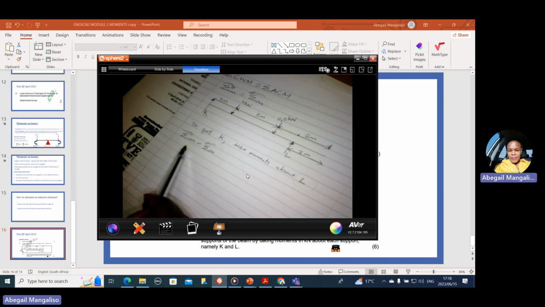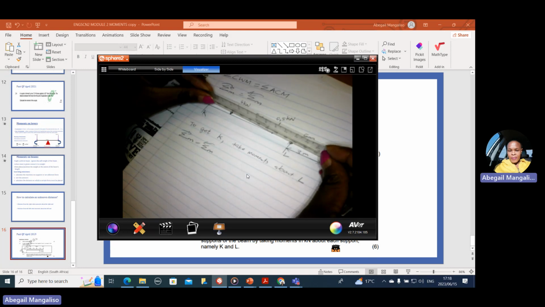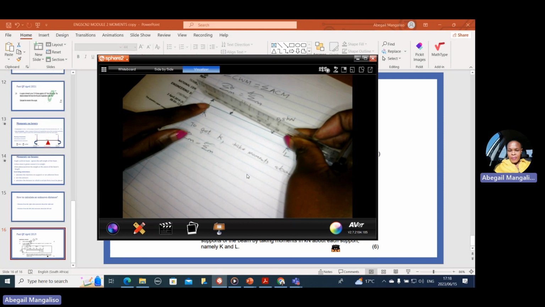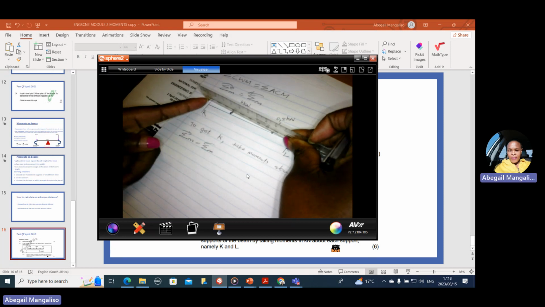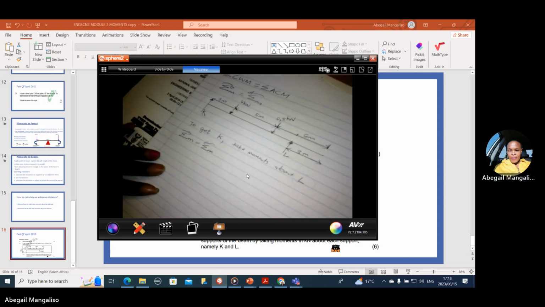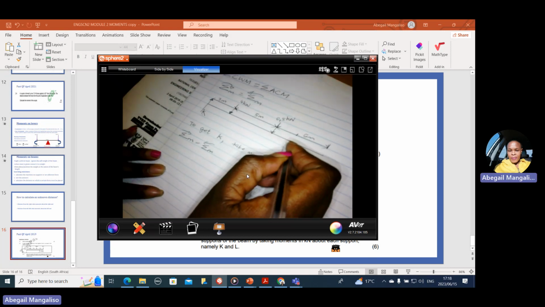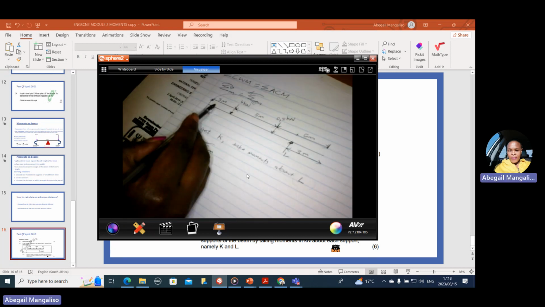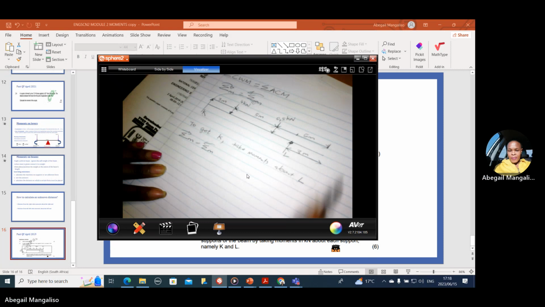This is the structure, this is where L is. If you look at K, the arrowhead is upward and you push it towards the fixed point or the fulcrum. This K is going to rotate this structure in a clockwise direction.